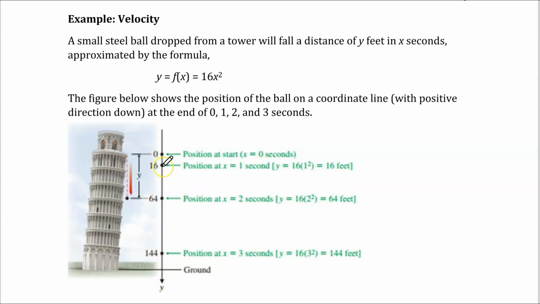This is the position of the ball at the end of 1 second, which is 16 feet from the original position. At the end of 2 seconds, it is 64 feet, and at the end of 3 seconds, it is 144 feet from the original position.